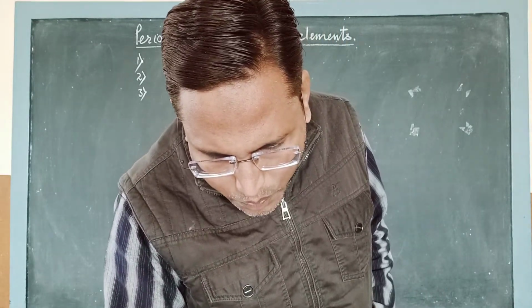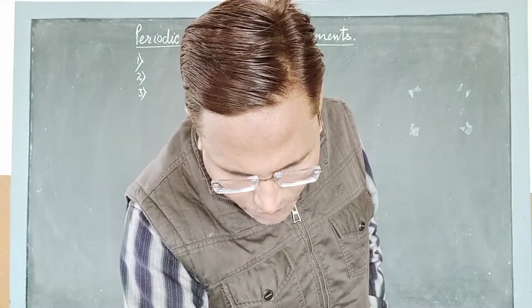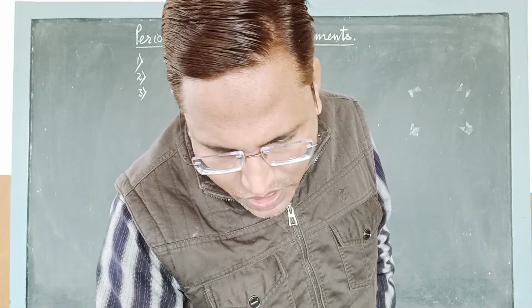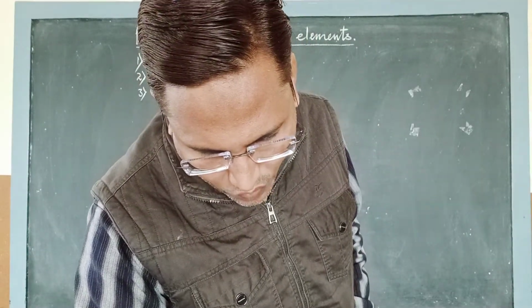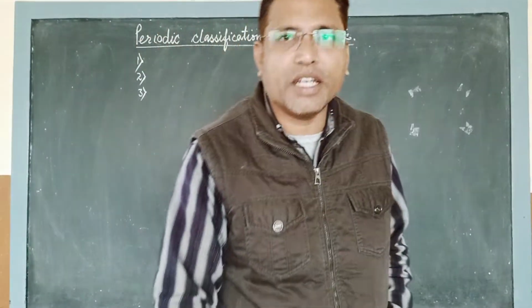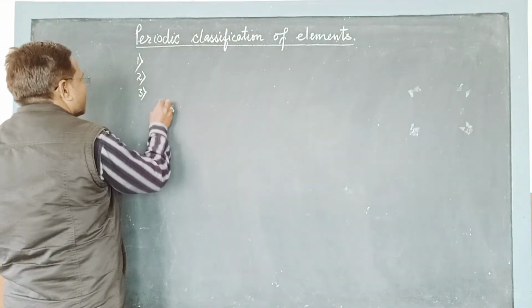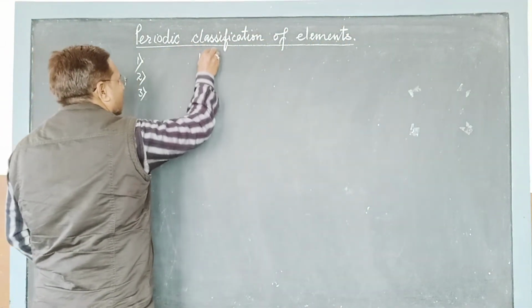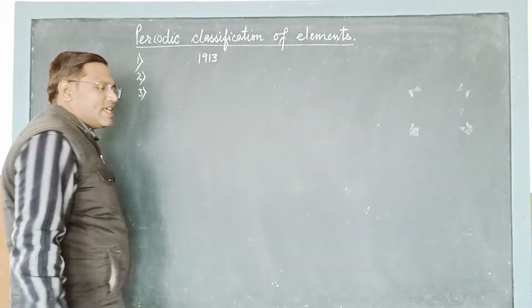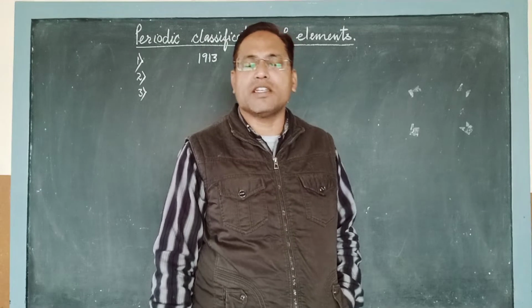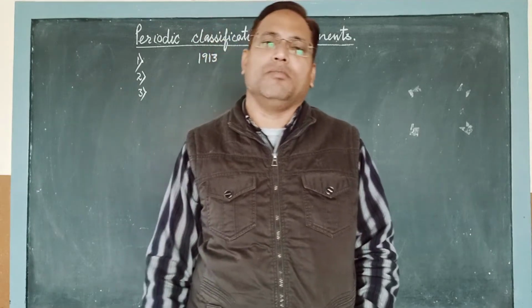Now we come to the next part of the chapter, that is the present basis for the classification of elements. So in 1913, Henry Moseley came forward with his new idea about the arrangement of the elements.